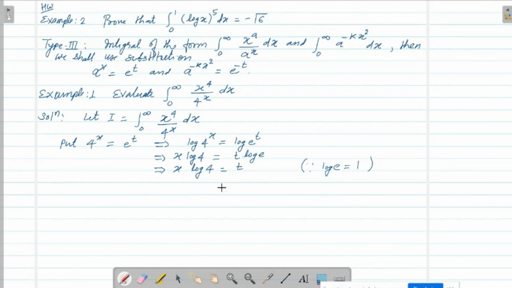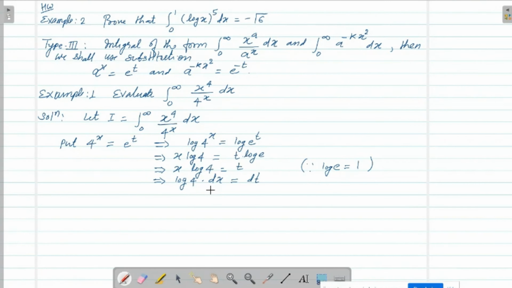Now we can differentiate this. Differentiating with respect to t, log 4 is a constant, so you will have log 4 into dx, and this equals dt. So instead of dt, we write log 4 dx.